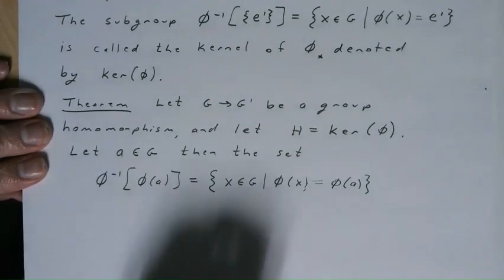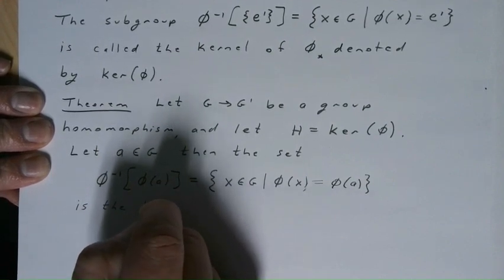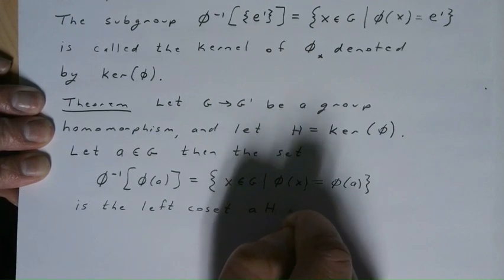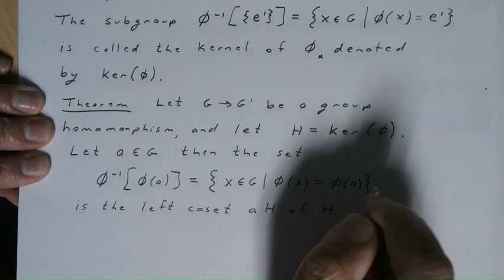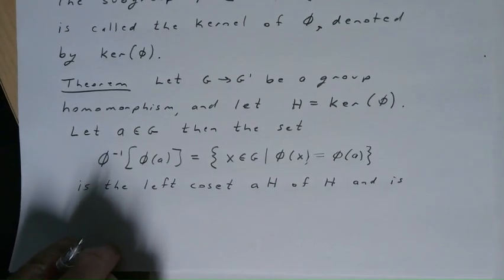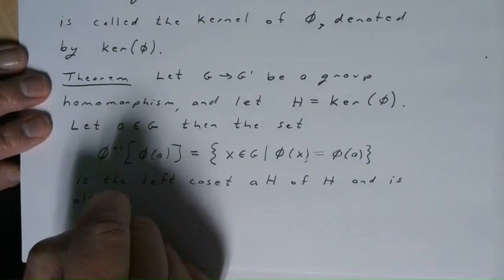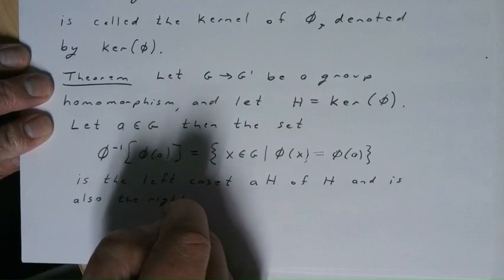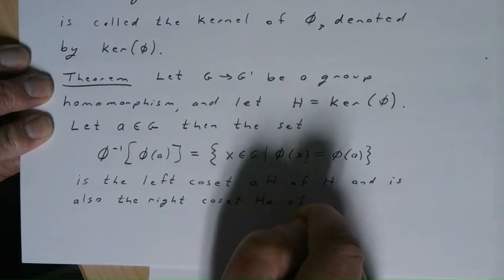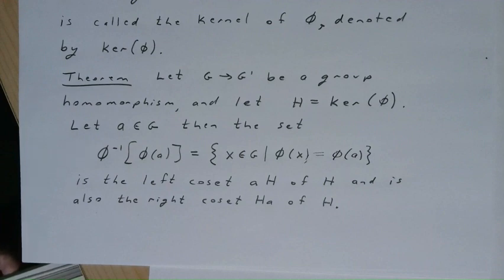In fact, let me write this down. It is the left coset AH of H, and is also the right coset HA of H, like this.